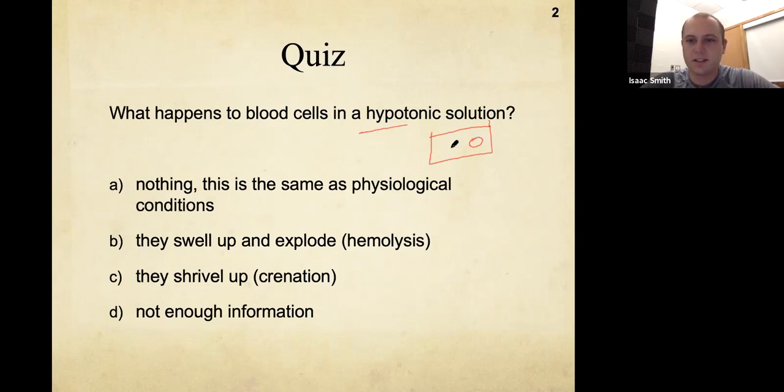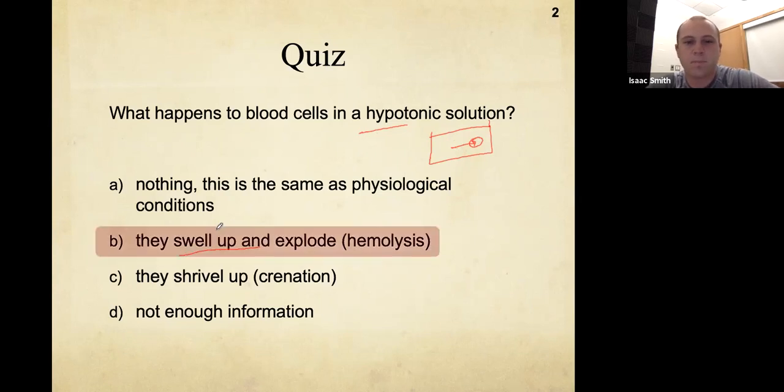If it's less concentrated, then you're going to have water move into the blood cell, right? Water moves from the less concentrated to the more concentrated side. The way to remember that is you're trying to get the concentrations equal. So in order to do that, you need to lower the concentration inside the cell, and you do that by adding water to it. So water would enter the cell and it would swell up, okay? So know what happens in a hypotonic, hypertonic, and isotonic solution there.